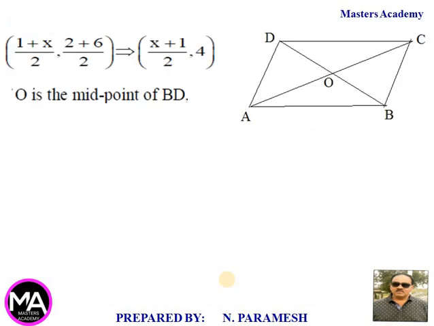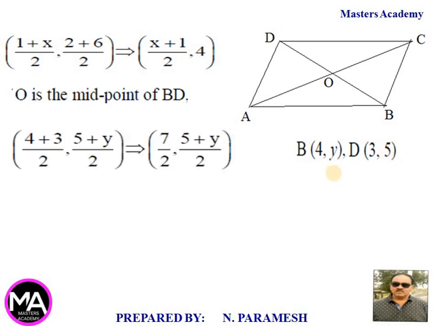O is also the midpoint of BD, with (x1, y1) = (4, y) and (x2, y2) = (3, 5): ((4 + 3)/2, (5 + y)/2) = (7/2, (5 + y)/2).